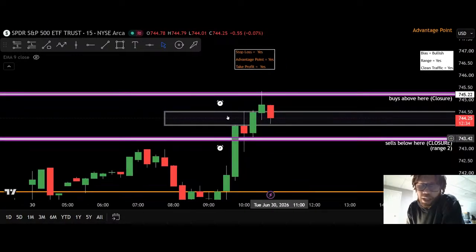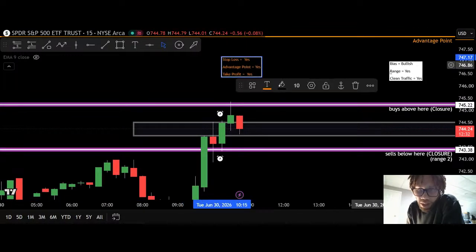I drew this box just to see how deep they go into liquidity pockets.